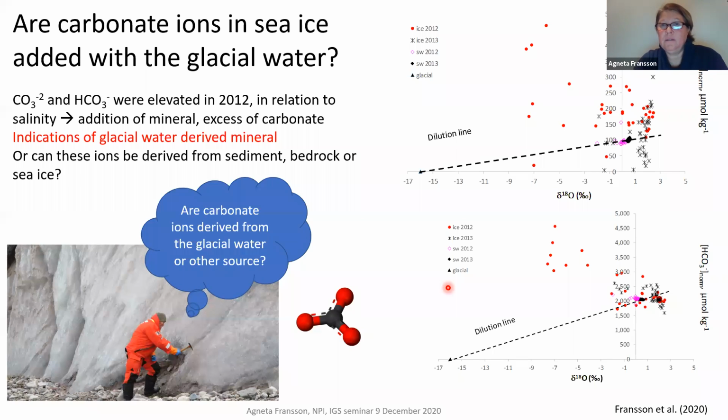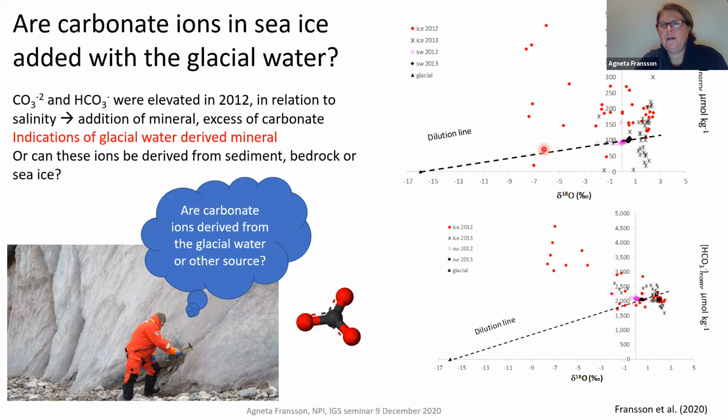We plotted the bicarbonate and the carbonate against oxygen-18, with the dilution line from glacier water at -16 to seawater at about 100 for carbonate and 2000 for bicarbonate.